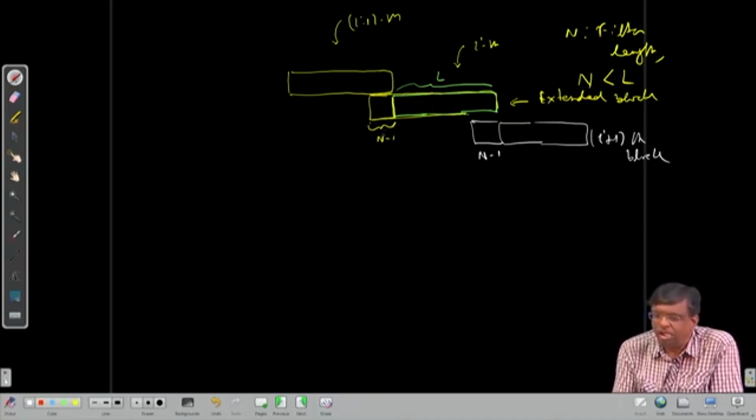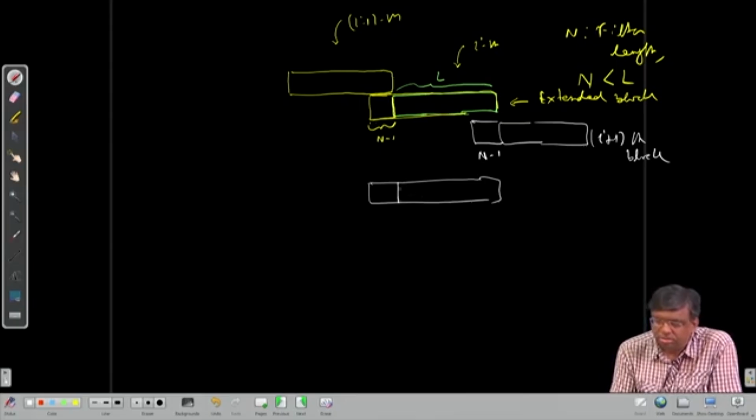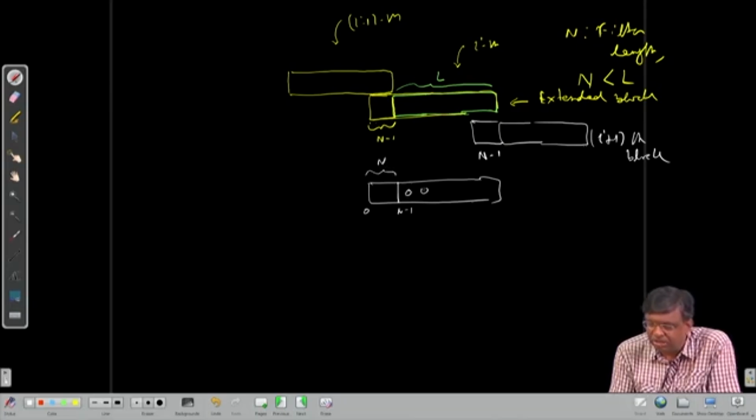We told that if you now take out this data block, and take the filter block, suppose this is the filter block, for that it's only up to here, okay, 0 to n minus 1. So, total length is n here, and we fill up this with zeros.